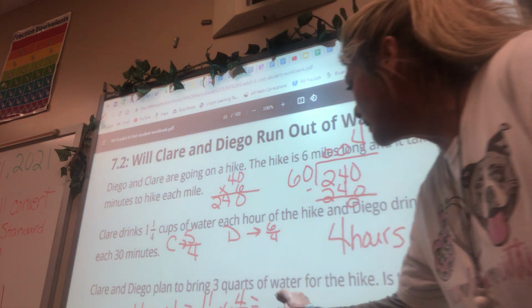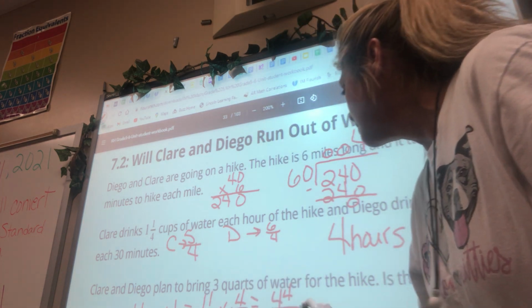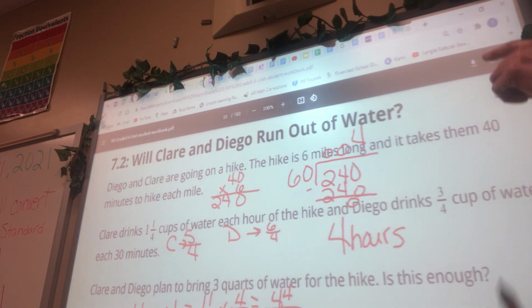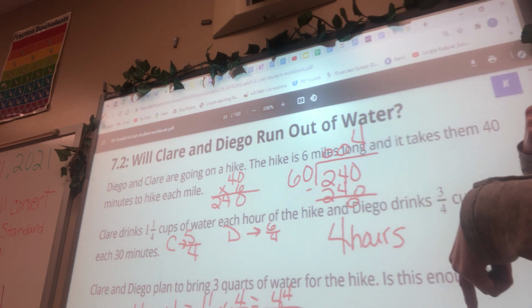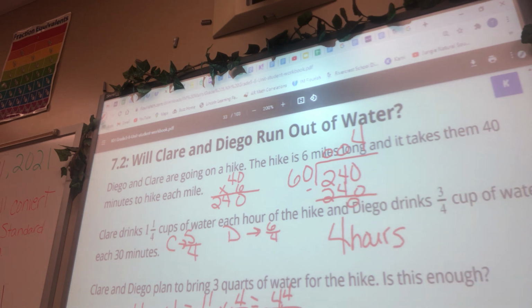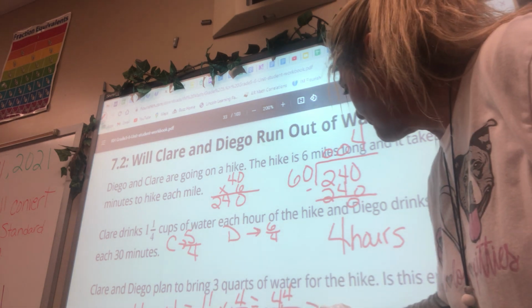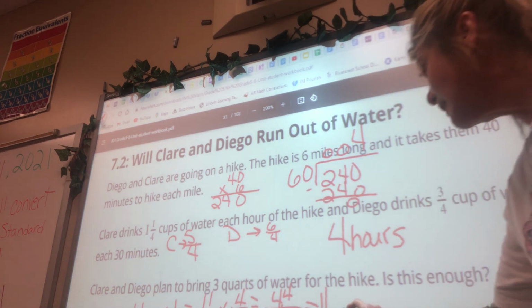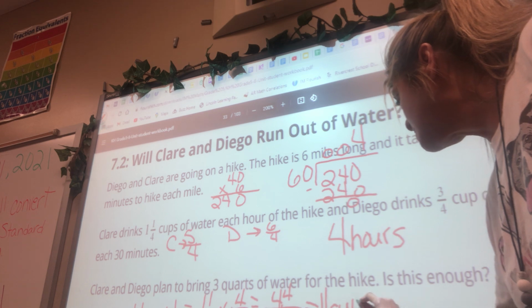So we have 44/4. Now that doesn't make a lot of sense, so what do we need to do? Simplify, or change it into a mixed number. We can do that one in our head. 44 divided by 4 is 11. So they are going to need 11 cups.